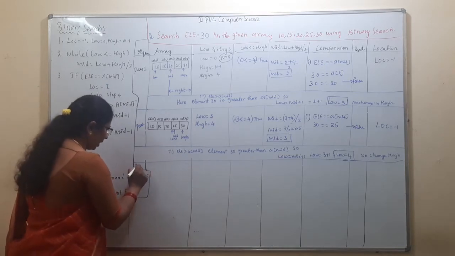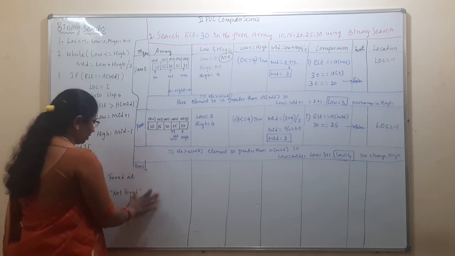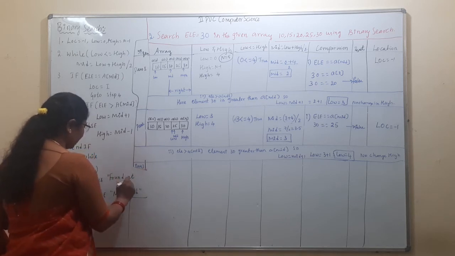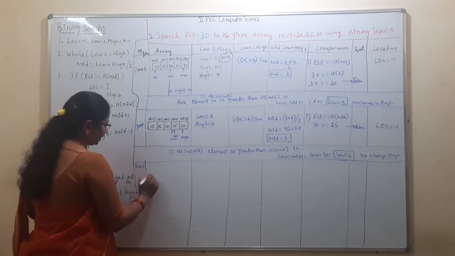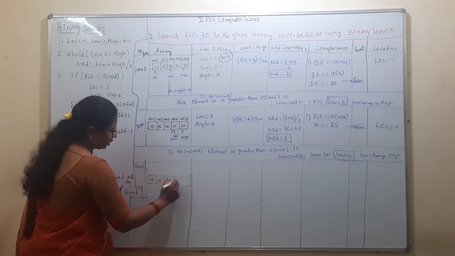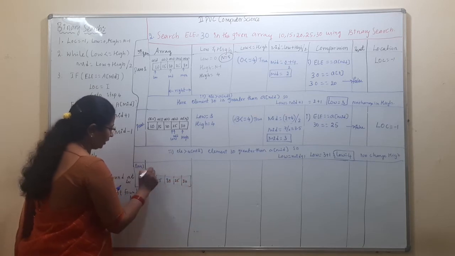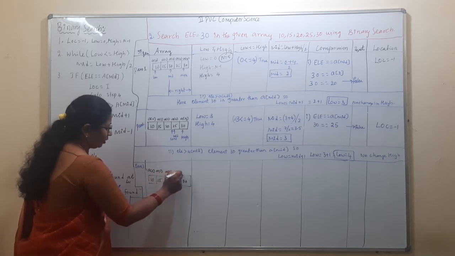We are in pass 3 now. Take the elements 10, 15, 20, 25, 30: A of 0, A of 1, A of 2, A of 3, A of 4.